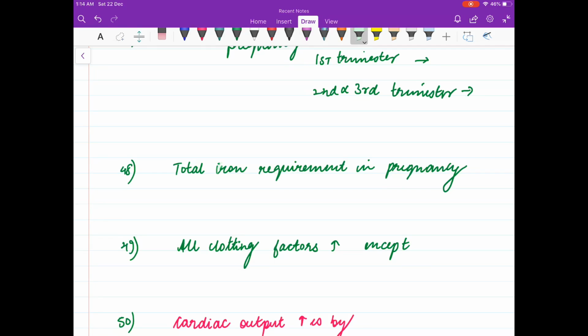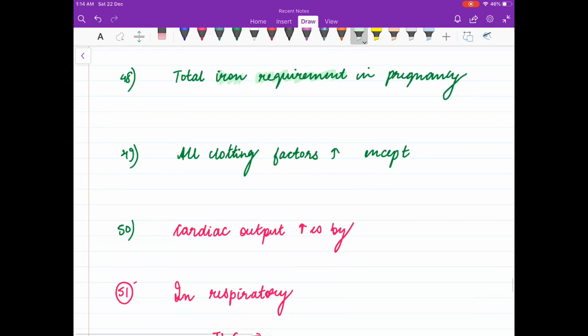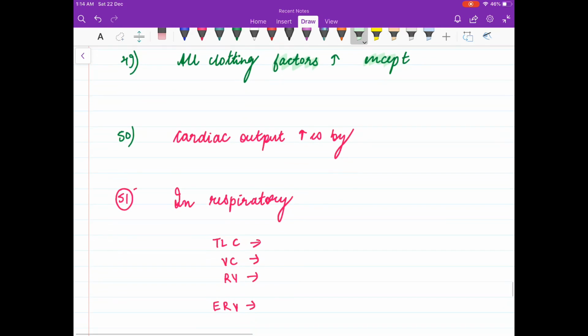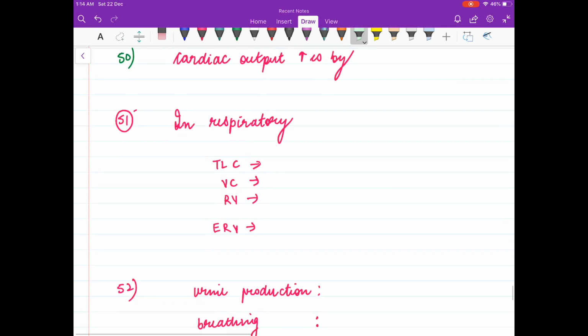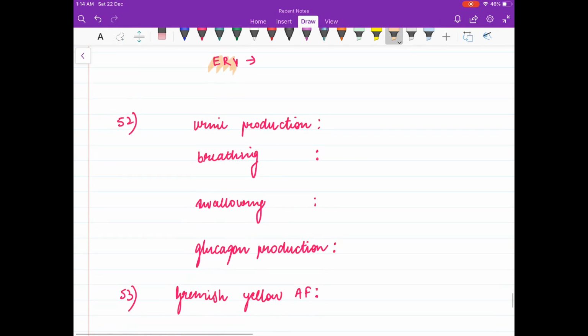Total iron requirement in pregnancy? All clotting factors increase in pregnancy except? Cardiac output increases by? In respiratory, what happens to TLC, VC, residual volume, expiratory reserve volume?